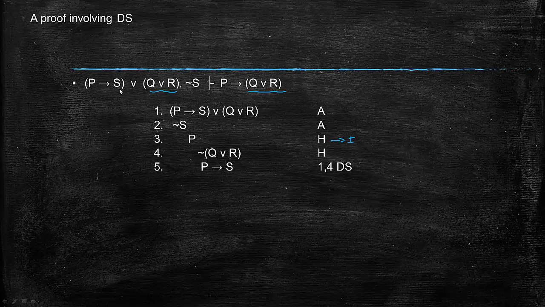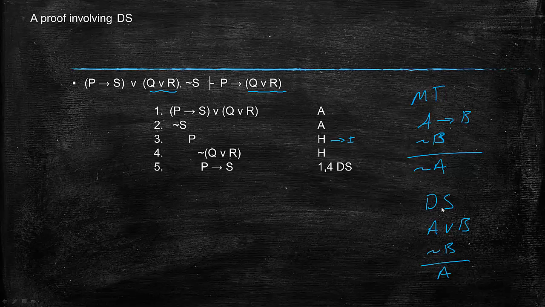It's very easy, by the way, to get confused between disjunctive syllogism and modus tollens, right? Modus tollens tells us that if A, then B, not B, therefore not A. Whereas disjunctive syllogism tells us A or B, in this case, not B, therefore A, right?